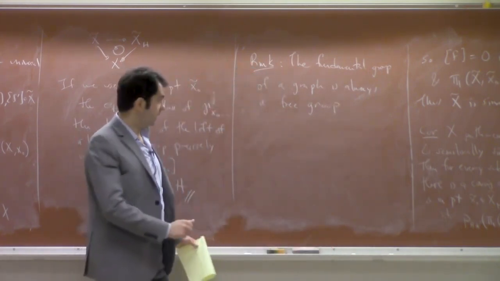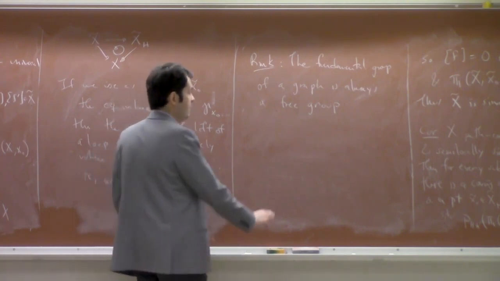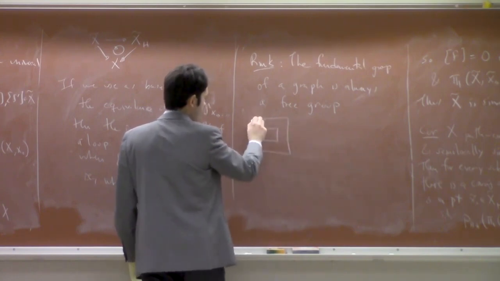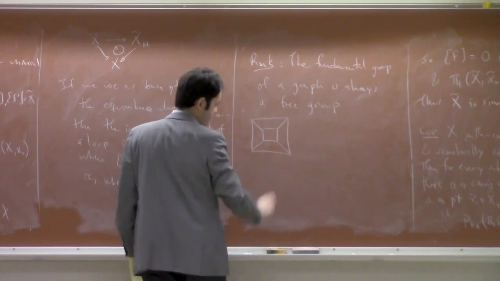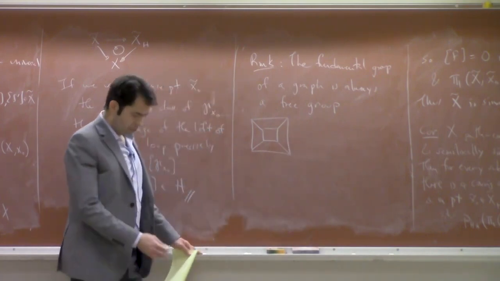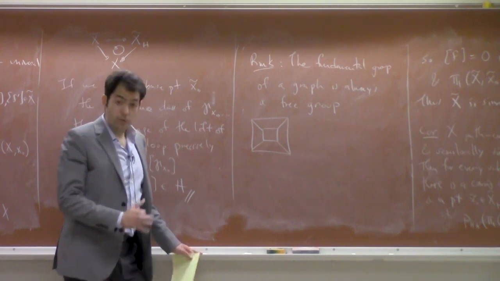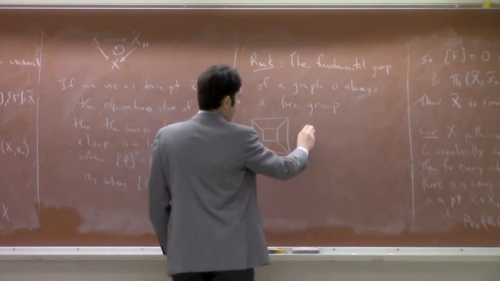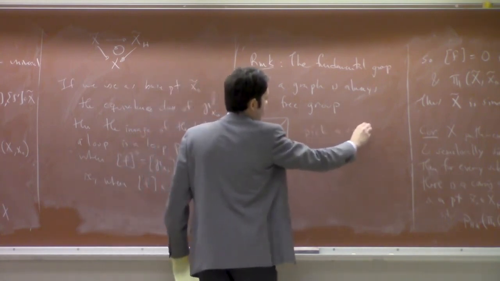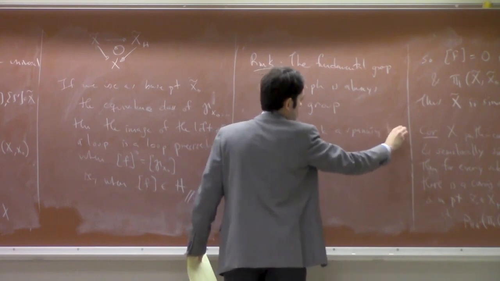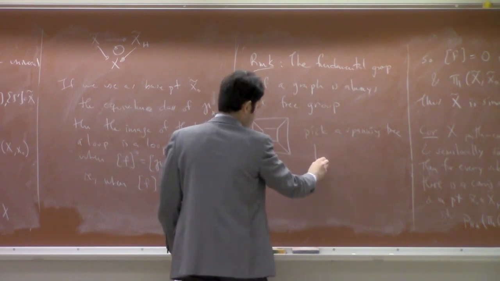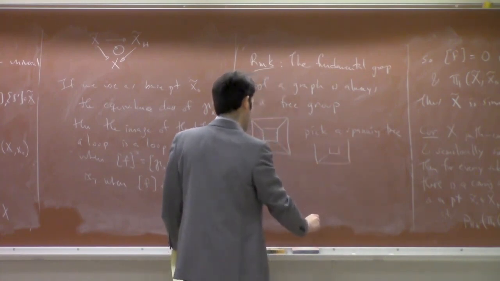Okay, so let's think about this through an example. So let's say that your graph consists of the one skeleton of a cube. All right, so what you can do is pick a maximal tree. Pick a spanning tree. So in this case, for example, we could do this.